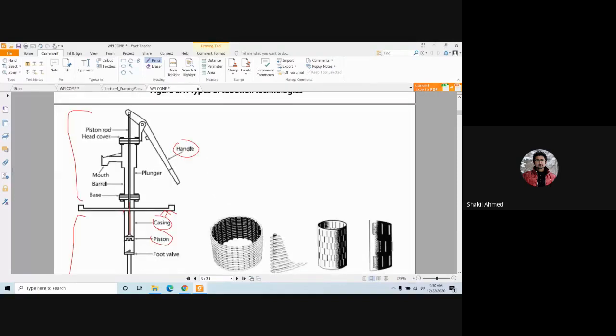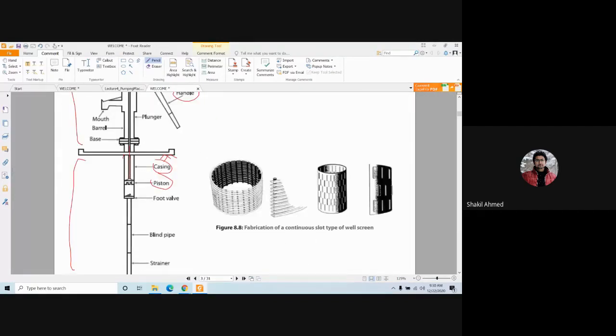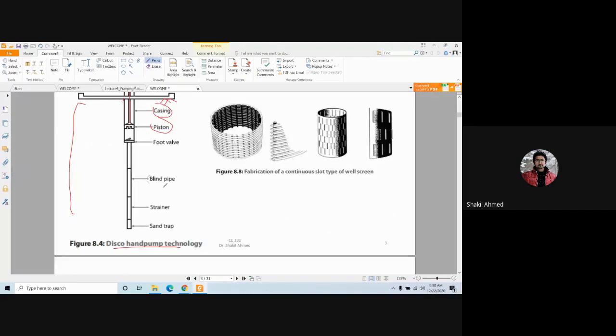As you move the handle, the piston moves upward and downward. You have a foot valve here. This is the blind pipe, and then you have a strainer, and then you have the sand trap. What is sand trap? I will discuss it.